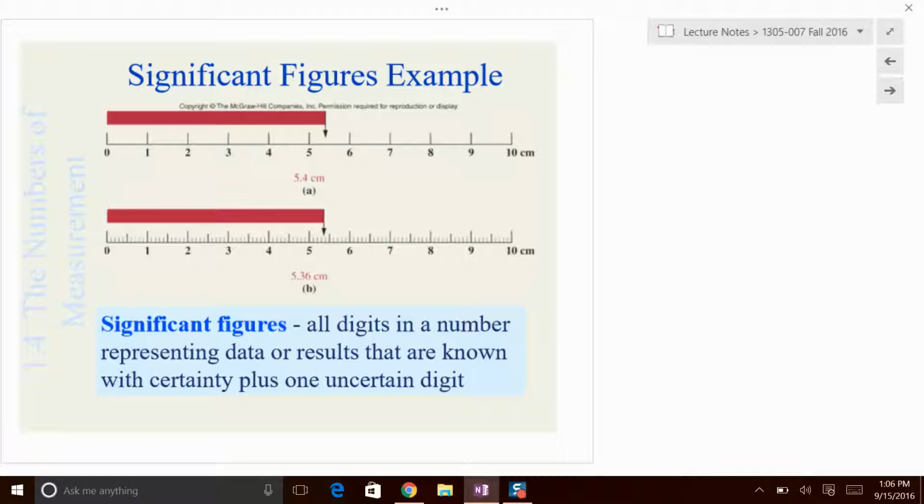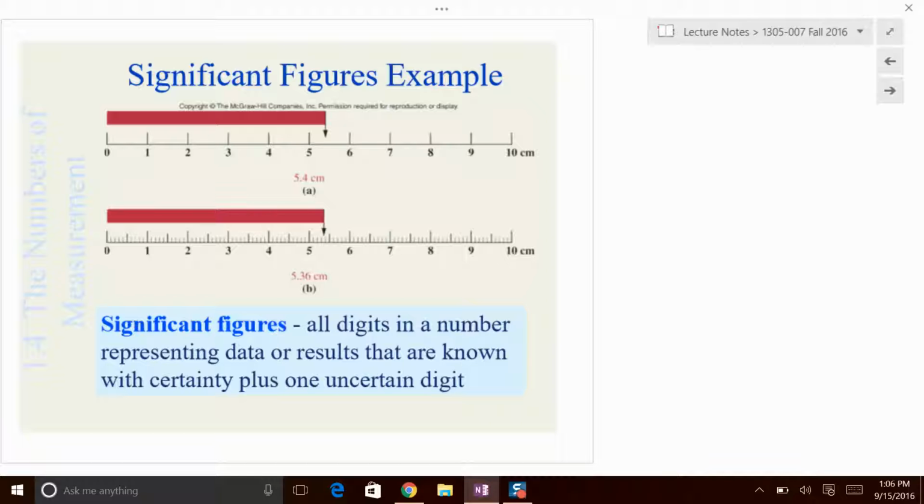It's just a guess. Significant digits are always recorded to the last guessed digit. So here, I would record 5.4 or 5.3. Doesn't matter. Either one would work because it's just a guess.